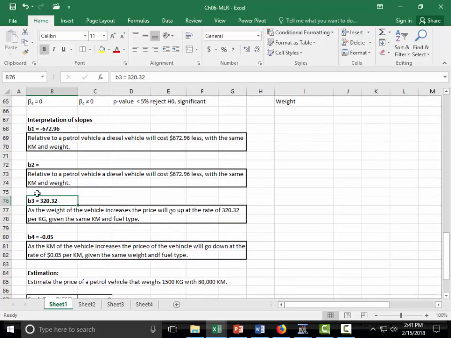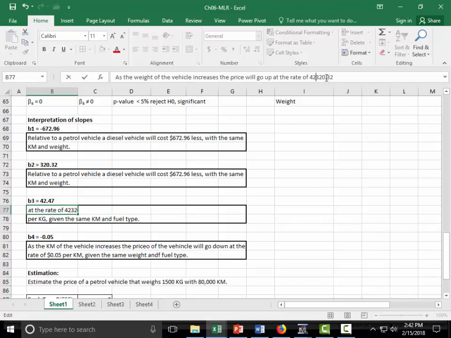So this is actually 42.5. 320 is for B sub 2. Another 20.32 is for that. So this one is 42.47. So that should be 42.47. The joys of copy pasting.